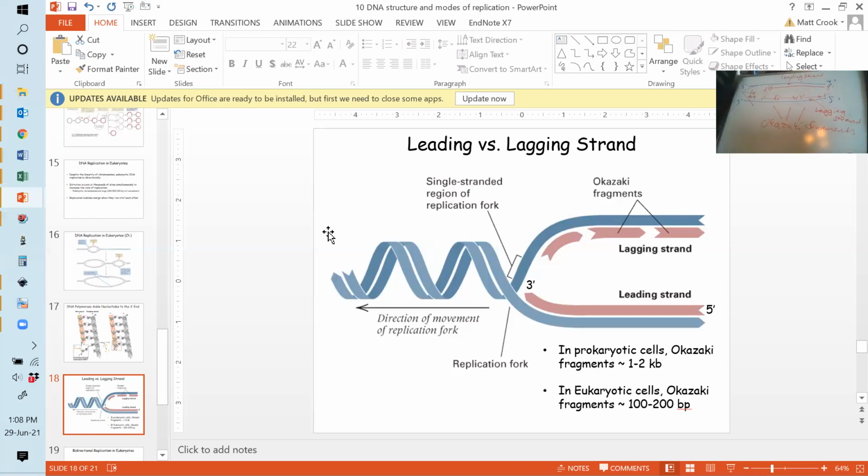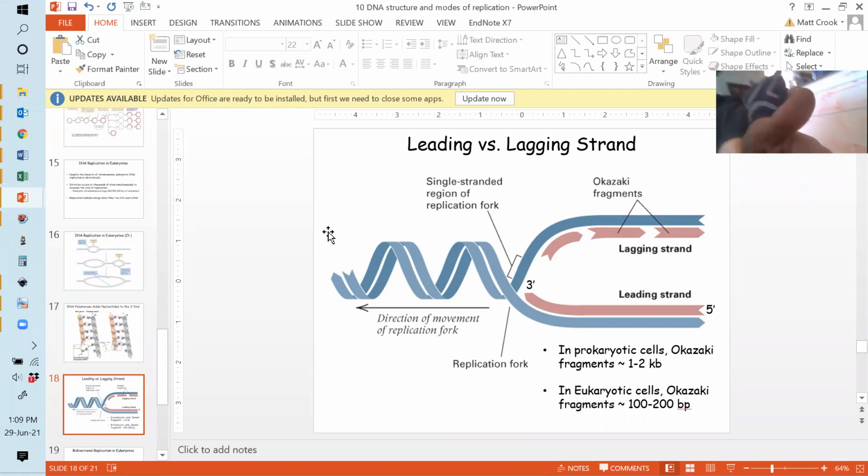Now, one common misconception is that the lagging strand takes longer for DNA replication to occur. Now, that's not technically true. DNA replication occurs at the same rate for both leading and lagging strands, right? Because it has to. Those two clumps of DNA polymerases are tied together at the replication fork.